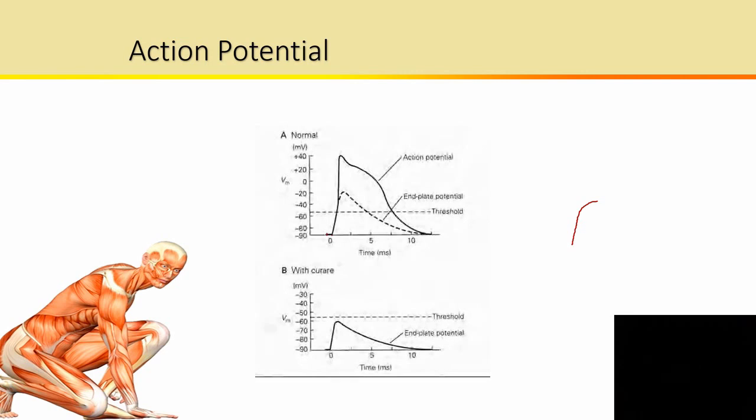All of a sudden the electrical potential starts to rise, and rise, and rise. And when it gets above this area, which is the threshold, anything above this is significant enough to create an electrical stimulus that now goes down the whole muscle sarcolemma. And that's what causes that muscle contraction to occur.